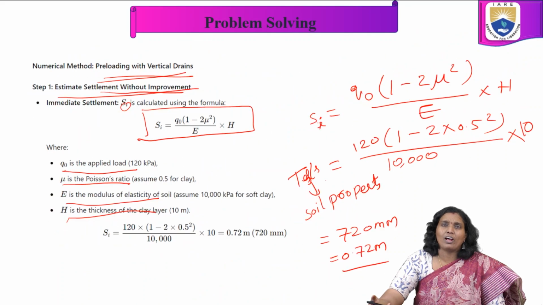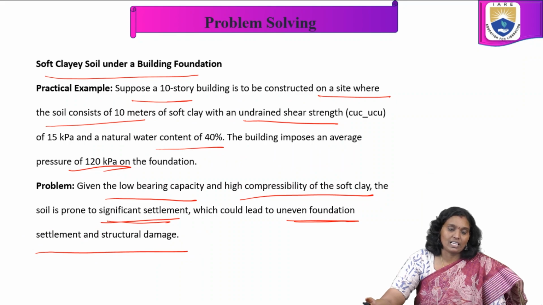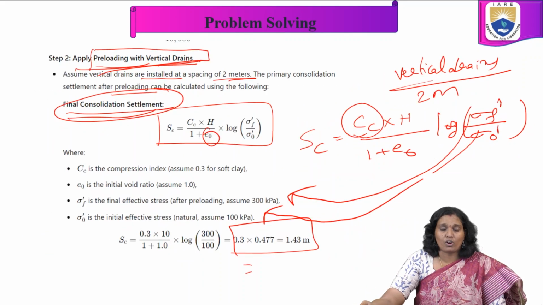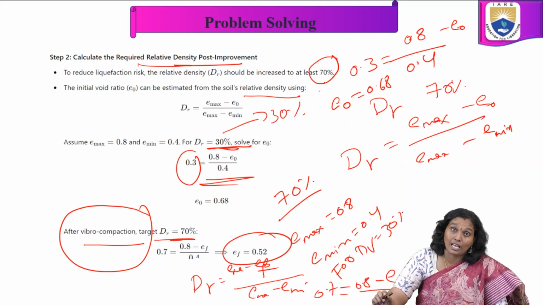In the overall view of these ground improvement techniques, we are understanding the various types of soils and, according to that, what step-by-step procedure is involved. The procedure differs depending on what kind of property is going to be improved and which type of problem statement it is.